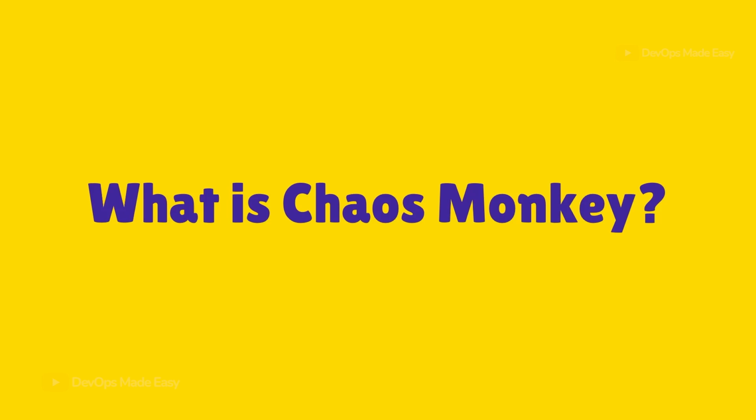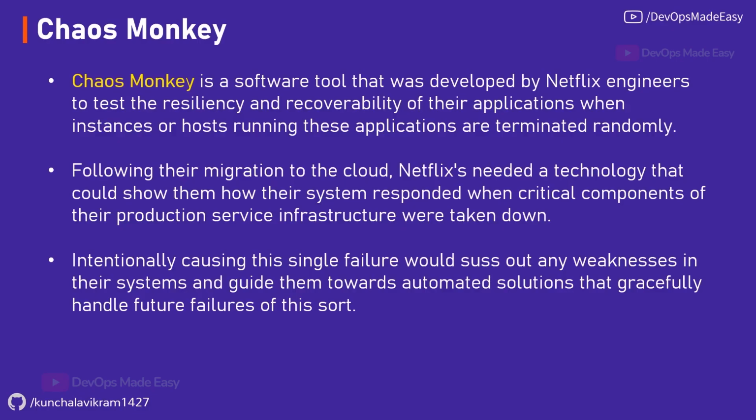So this is what chaos engineering actually does. Then what is Chaos Monkey in this case? Chaos Monkey is software that implements chaos engineering by randomly bringing in outages inside the infrastructure. It is a tool developed by Netflix engineers to test the resiliency and recoverability of their applications when the applications or some of their instances are forcefully or intentionally brought down at random intervals of time.